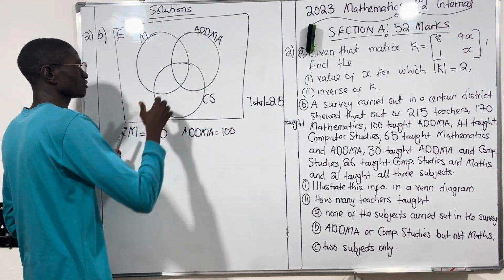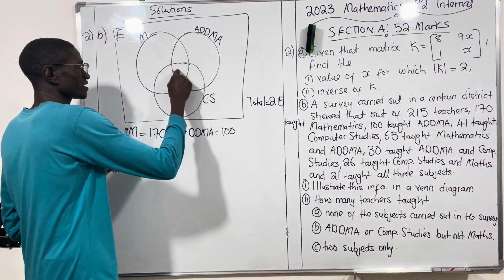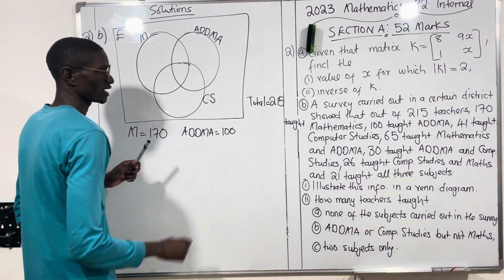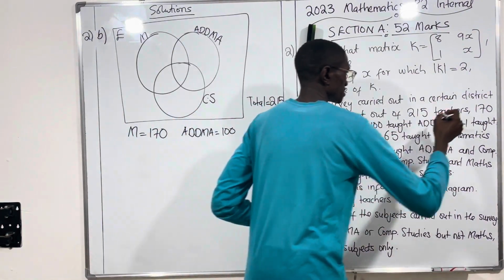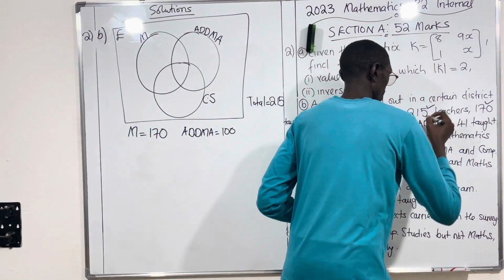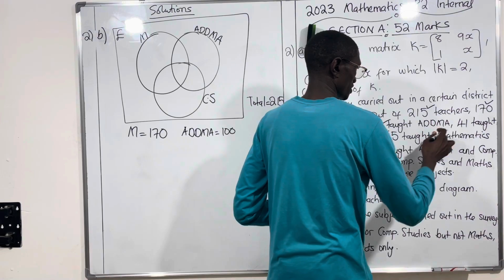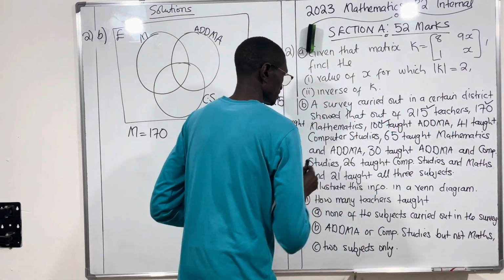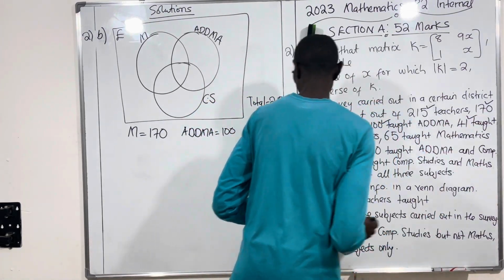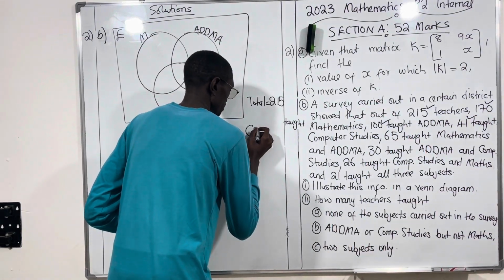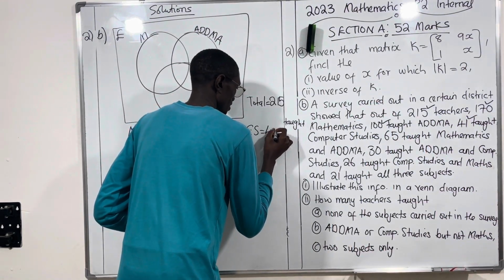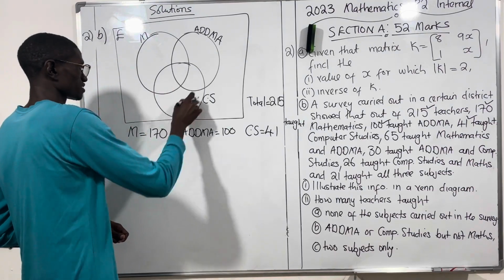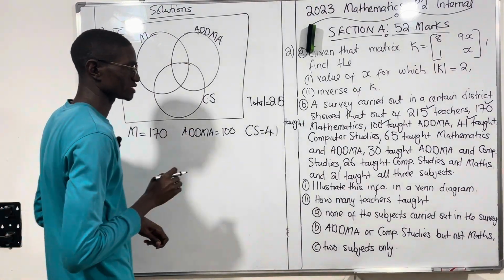Once we're done plugging in, when we add everything in here, there, and there, we should get 100. Okay, so we can actually tick what we've covered. And then 41 taught computer studies. So this set for computer studies should have a total of 41 teachers.